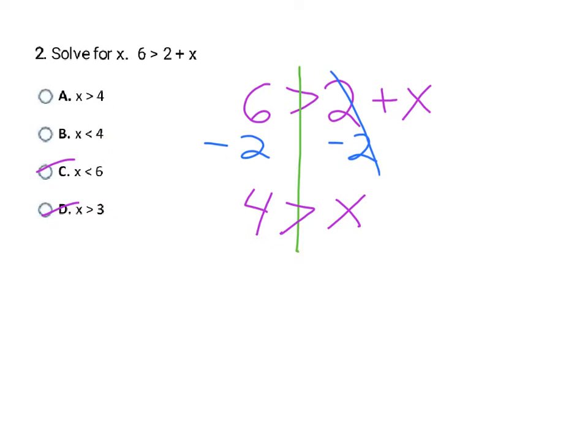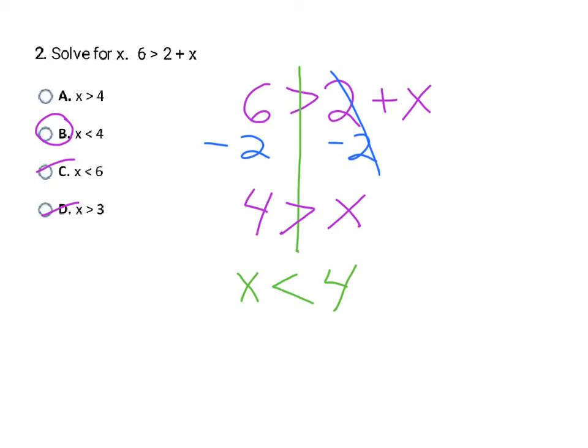So this choice here is making x smaller. The way you can think about that, if you want to think about it as a rule, is if you flip x and 4 to opposite sides, then you have to flip the greater than to a less than in order to write the x first. So that's just an extra step that you have to remember.